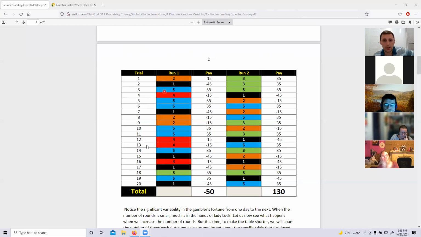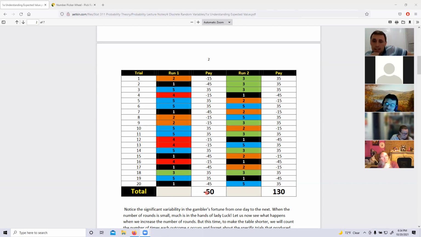Here's what happened after 20 rounds. I actually spun the wheel and recorded the outcomes. I colored them, and you can see here the pays, the money that you won. Minus means that the net is a loss, and 35 is when you get 100 and onwards. So on Saturday, altogether, you lost $50.